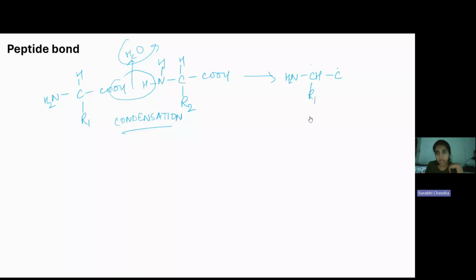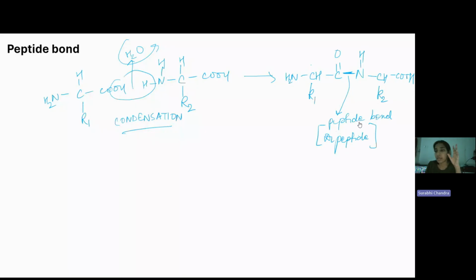Eventually you have this C alpha carboxyl carbon attached to a double bonded O, and then to the N from the other amino acid. This CONH bond is a peptide bond, formed as a result of a condensation reaction and loss of an H2O molecule.